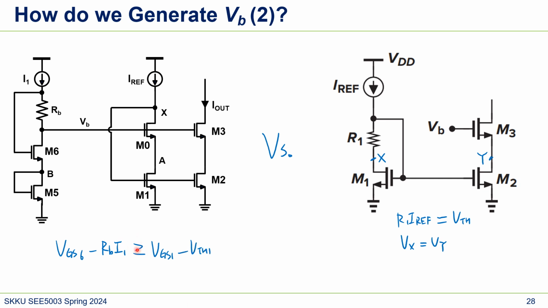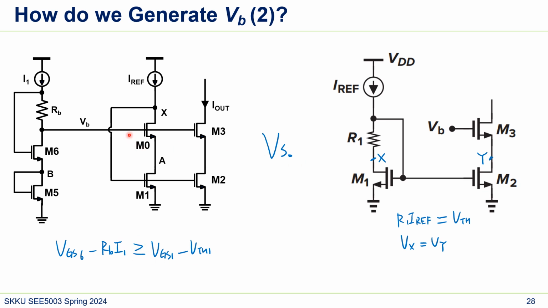If you make it equal, then it's good because we can fully utilize the headroom. But we don't have to make it equal. We can put some margin here. So here we have to set this value above something. The range is much more relaxed than this. In this part, we have to make this voltage the same, but in this part we use this resistor and make this voltage larger than this. So it's a lot more relaxed.